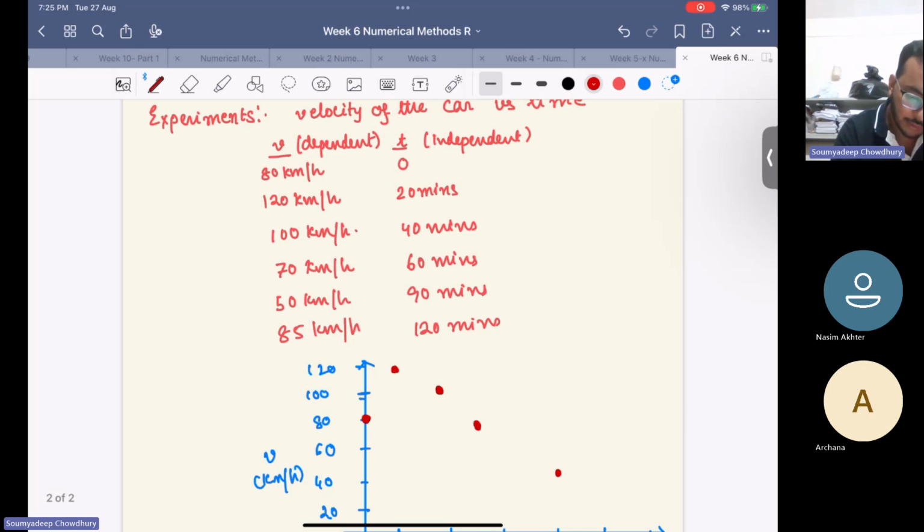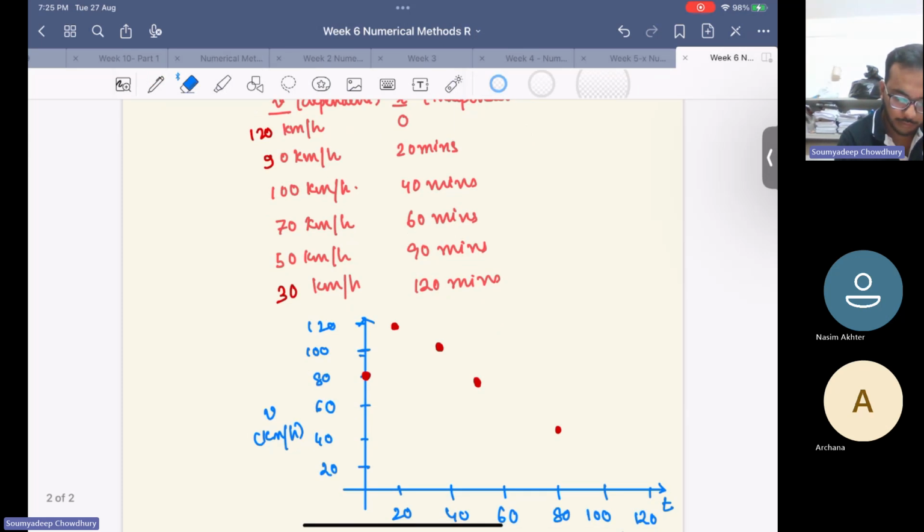One second, I'll just change it. So I will change 90. This is 120. Okay, I've just changed the values.